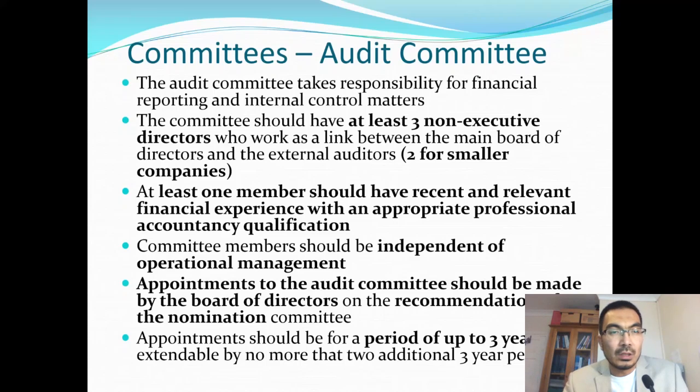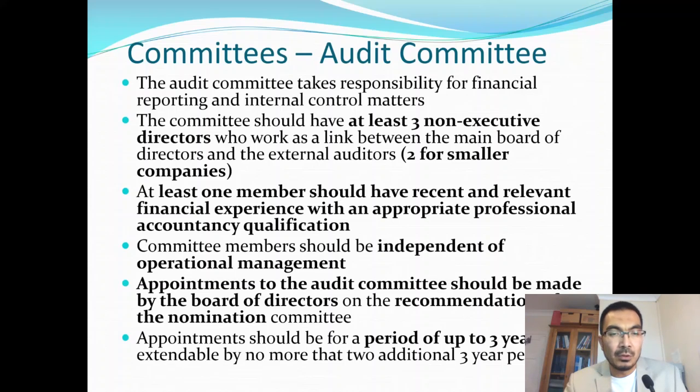So what's their job on a daily basis? They are a subcommittee to the board, they usually contain at least 3 people, and they report to the board members.